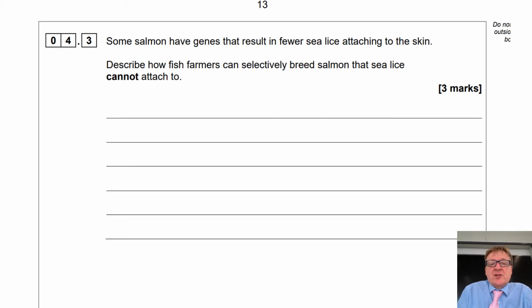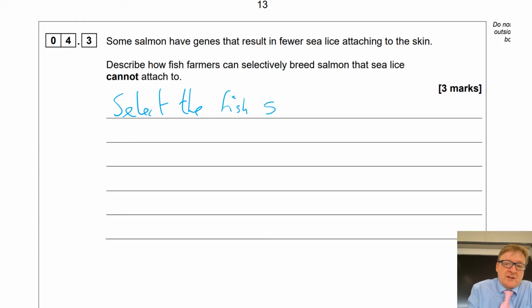4.3. Some salmon have genes that result in fewer sea lice being attached to the skin. Fabulous, that would be very useful. Describe how fish farmers can selectively breed salmon that sea lice cannot attach to. Right, so what we're going to do is select the fish that sea lice don't attach to.